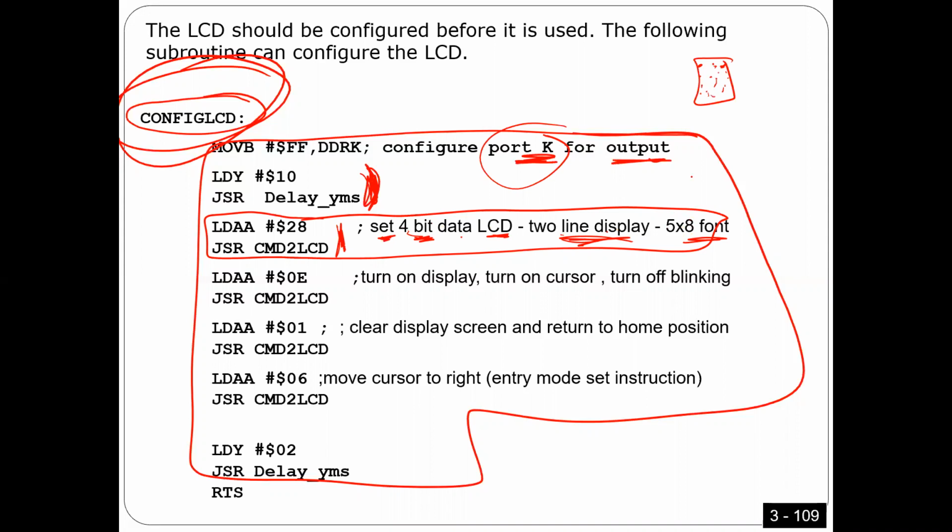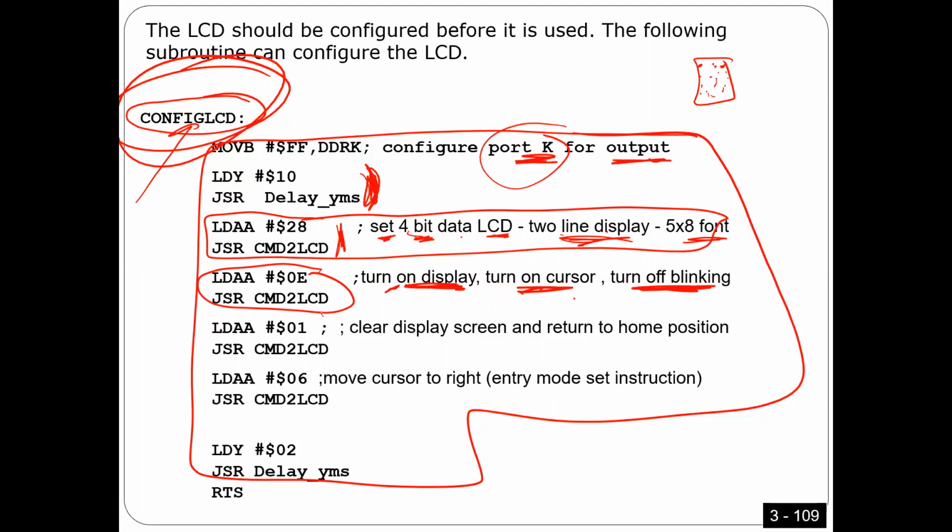Also this one is gonna turn on the display, turn the cursor on, turn blinking off. Okay, so these are the default values. For sure, if you want, you can change them later, but this is what configuration is gonna do: turn the display on, turn the cursor on, blinking is off.